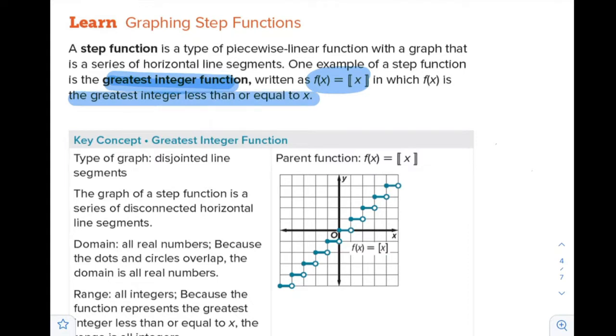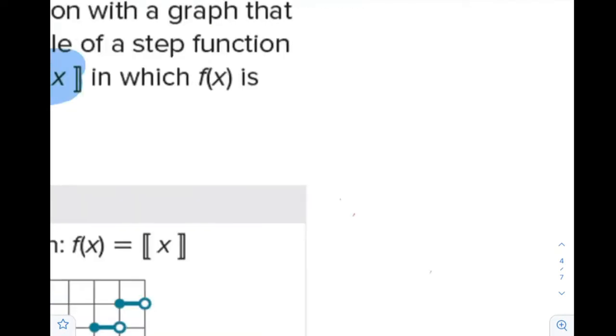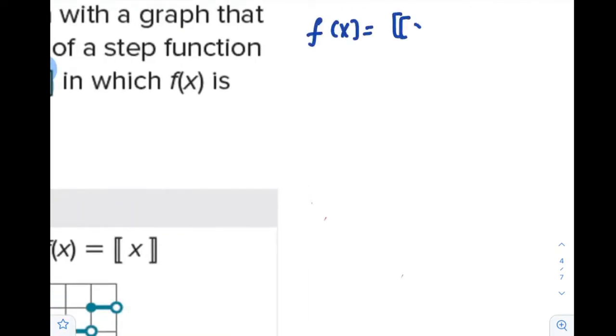Let's take some examples. We have here f of x equals greatest integer of x. This is the symbol of greatest integer. Some books use it this way, or with 1 bracket only, instead of saying greatest integer of, they just use this notation.